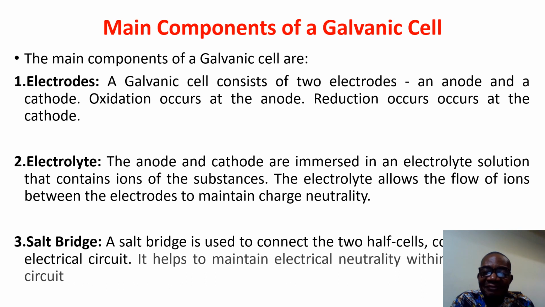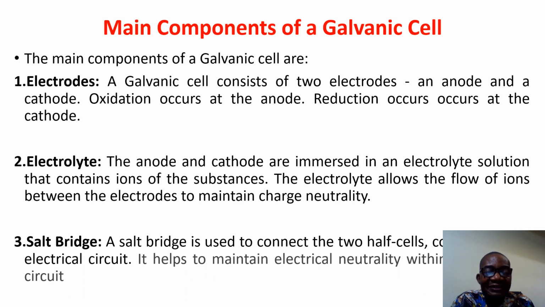Both of them are immersed in an electrolyte solution that contains ions of various substances. The electrolyte allows the flow of ions between the electrodes to maintain charge neutrality. That is basically what happens.